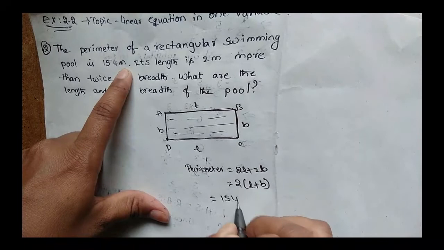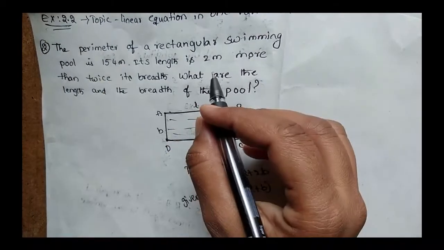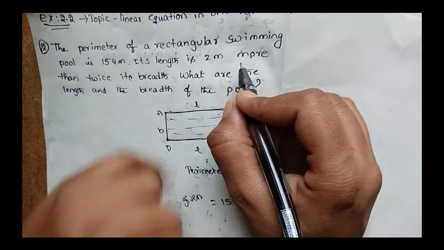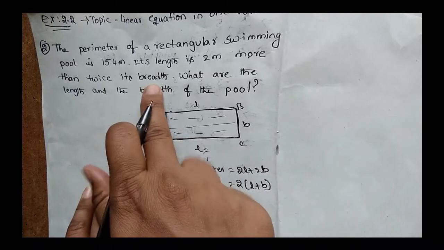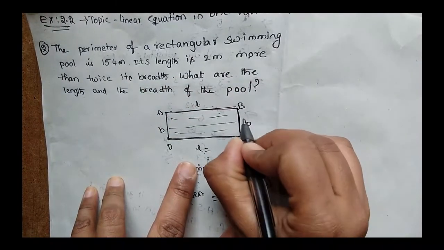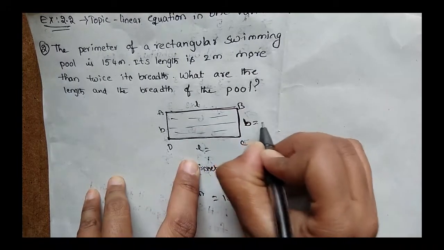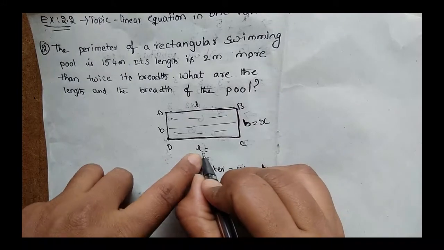Next, its length is 2 meters more than twice its breadth. Here length is given, but breadth did not mention anything. So we assume breadth as B or else breadth as X. Next, what is the length?